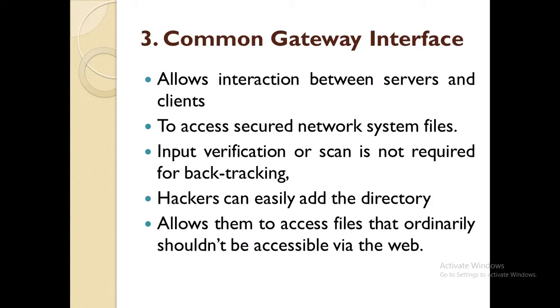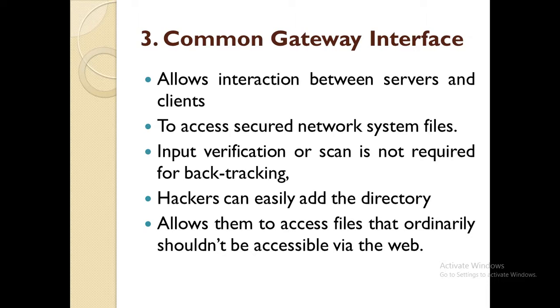Then the third way is the common gateway interface. Normally, whenever a client wants to access some services from a server, he may request through a browser. The browser request is sent to the web server, and the web server connects to the database server and gives the data to the client. But here we use a common gateway interface between the web server and the database.